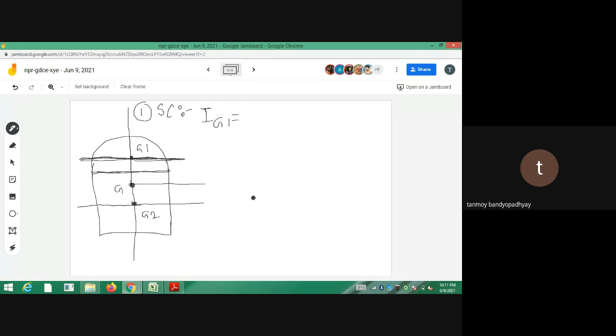So what is the formula? The formula we know for the semicircle, what is the formula?